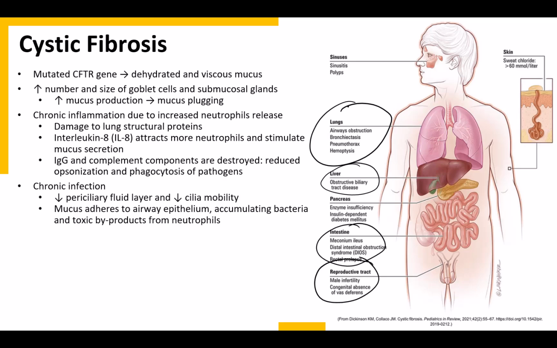It can cause infertility in males, again, because it blocks up the ductwork that the sperm has to travel in order to leave the male reproductive system. It can also cause a difference in the production of sweat, right? So again, cystic fibrosis is a multi-system autosomal recessive disease because of the changes in the CFTR gene that leads to all these complications.